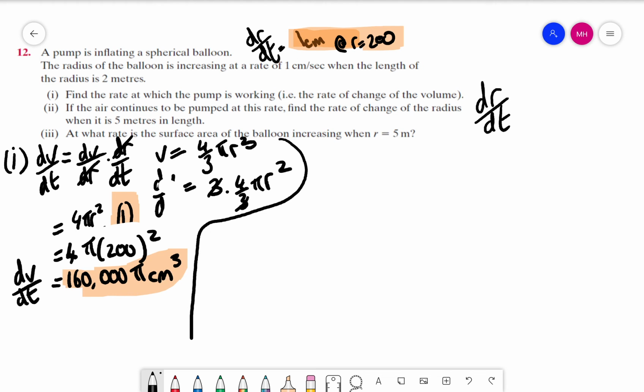Well, in order to find dr/dt, we have dV/dt and we have dV/dr. So if we flip dV/dr upside down, dr/dt is going to be equal to dr/dV times dV/dt.